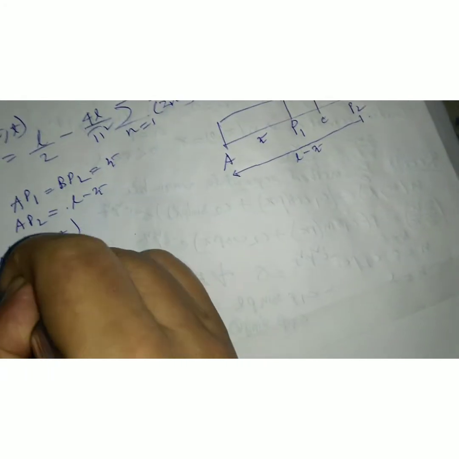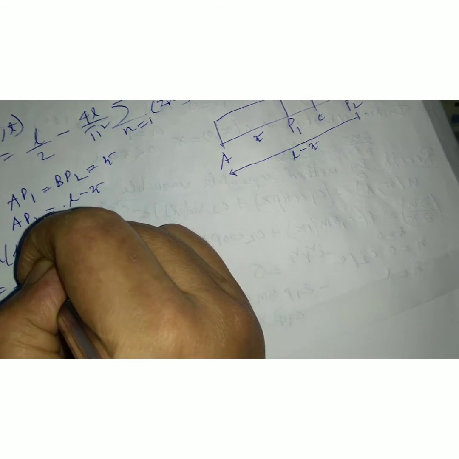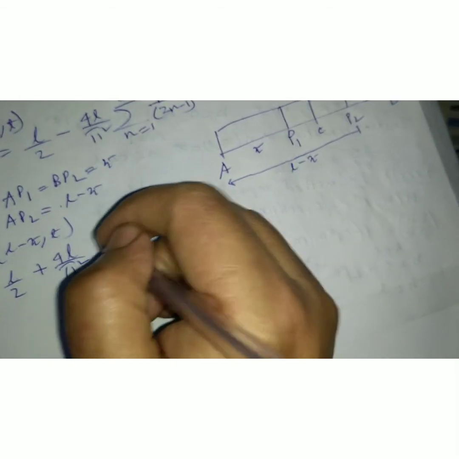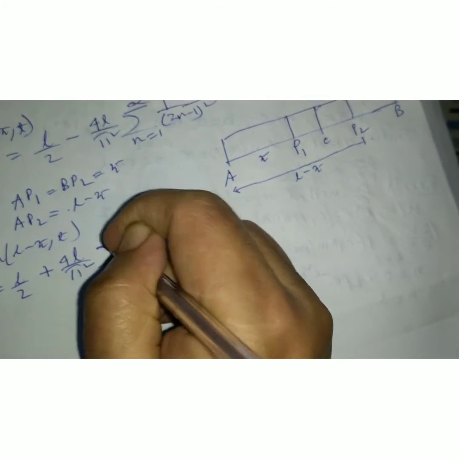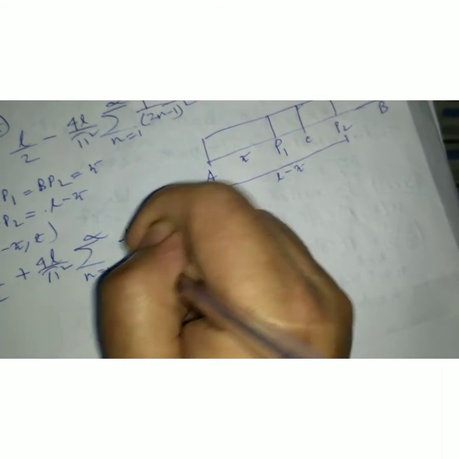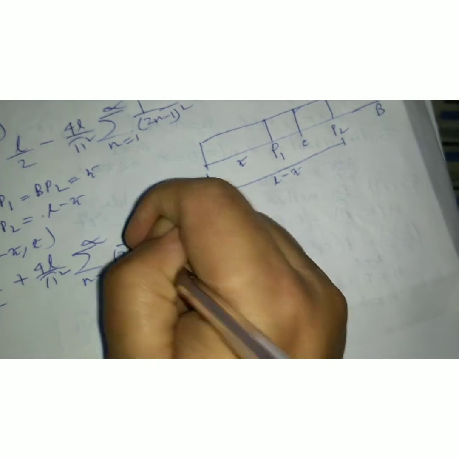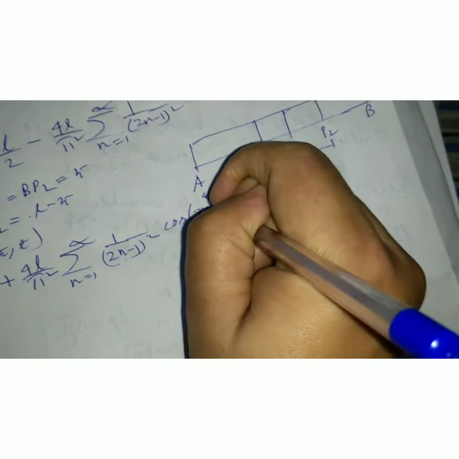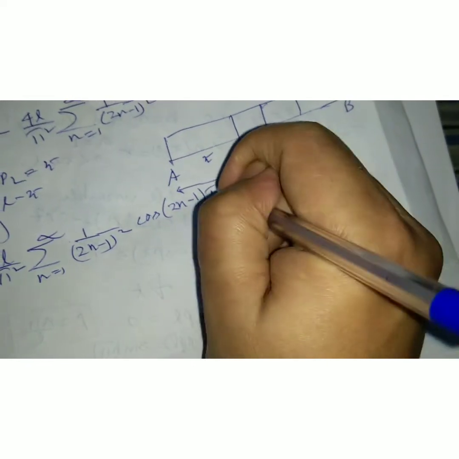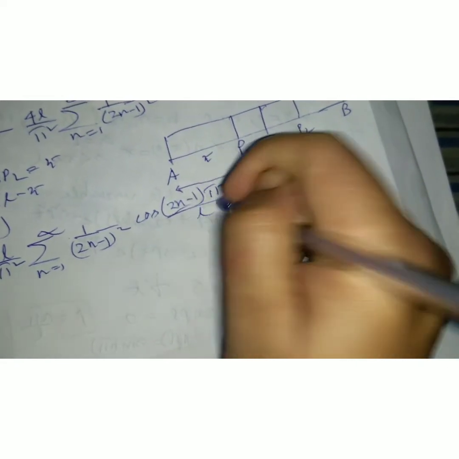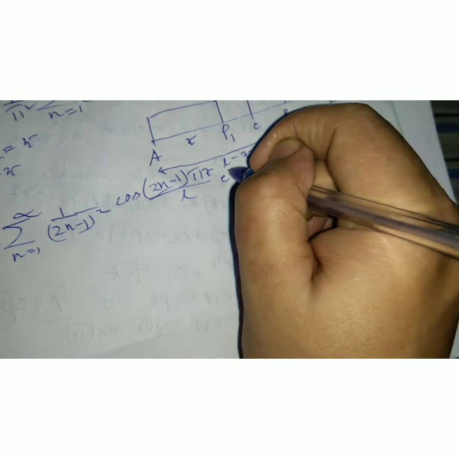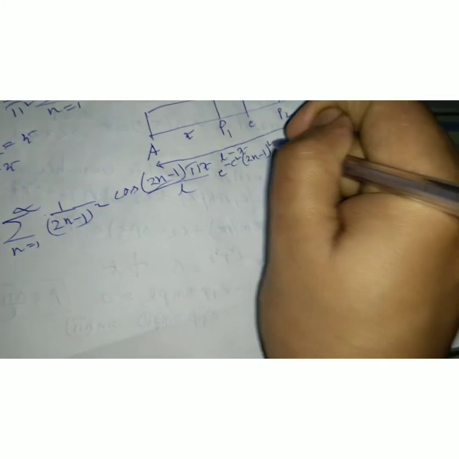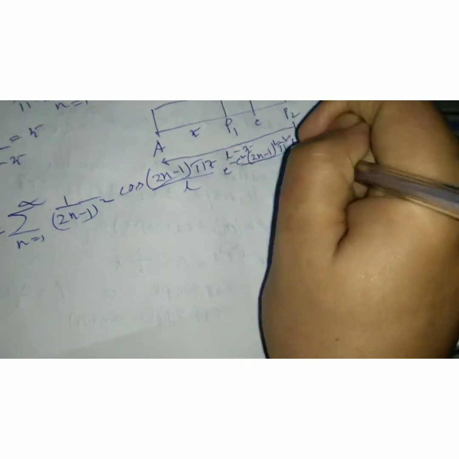So we can get L by 2 plus 4L divided by pi square summation n equals 1 to infinity 1 by (2n minus 1) whole square cos (2n minus 1) pi x divided by L e to the power minus c square (2n minus 1) whole square pi square t divided by L square.